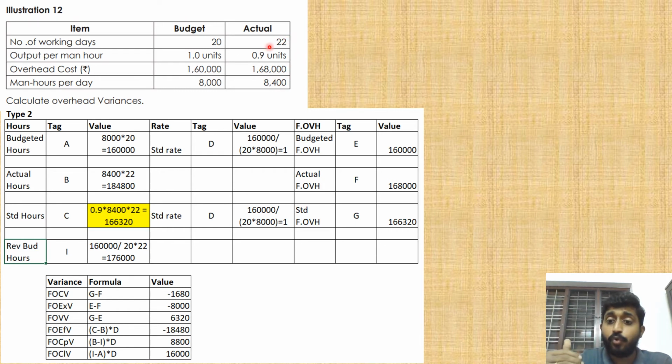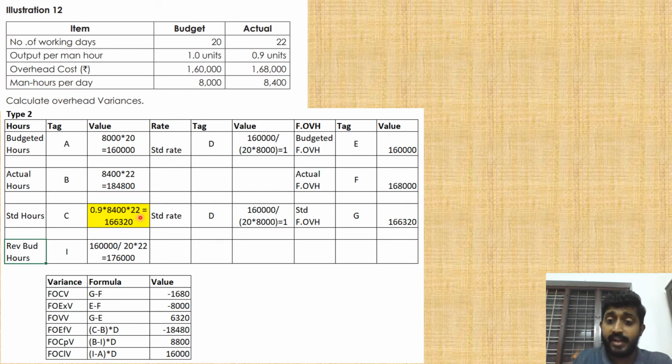So 8,400 multiplied by 22 multiplied by 0.9 will give you the number of units that is produced, and that is 1,66,320. 1,66,320 units will be produced in 1,66,320 hours. So the standard hours for the actual production, that is called standard hours, that is 1,66,320.